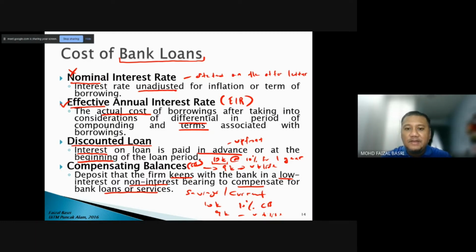And on top of that, we have the CB requirement of 10% as well. So deduct another 1k. So the amount that you can utilize is left with 8,000 ringgit only. So again, it will affect your effective interest rate.